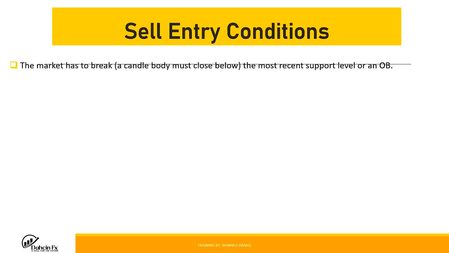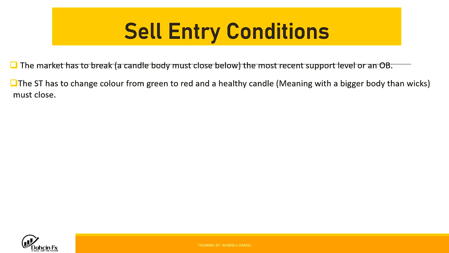So the OB that was formed so that we continue going down, if it's broken or the support level is broken, then we're going to enter sell. So the floor is the one to be broken. The super trend has to change color from green to red, and a healthy candle must close.